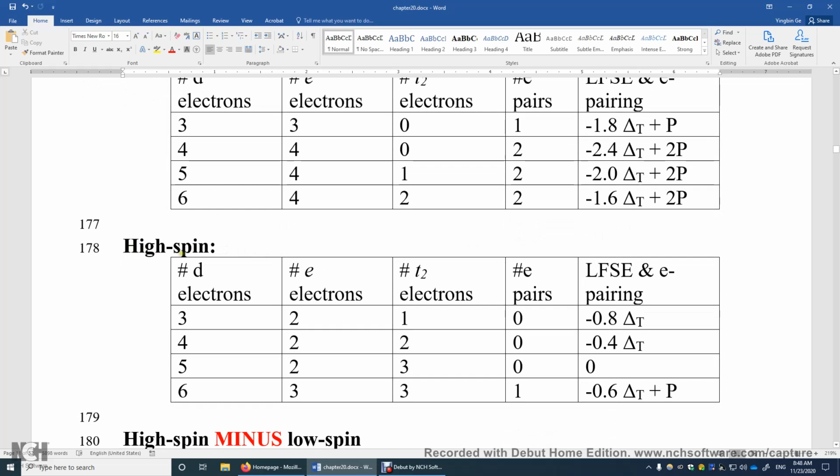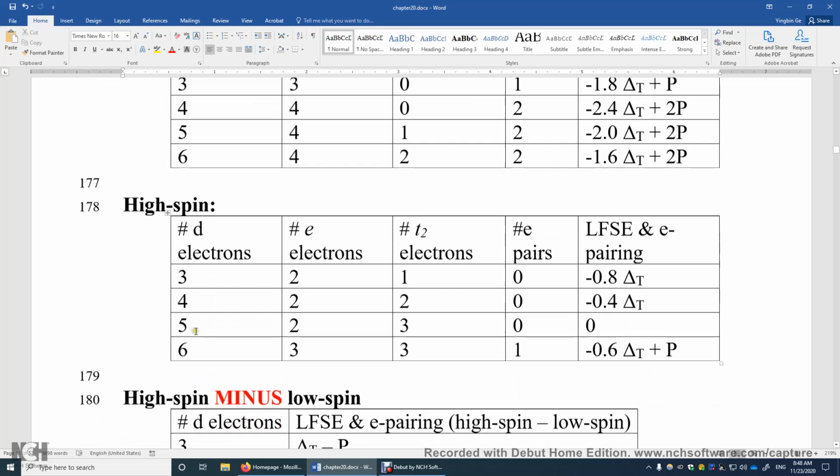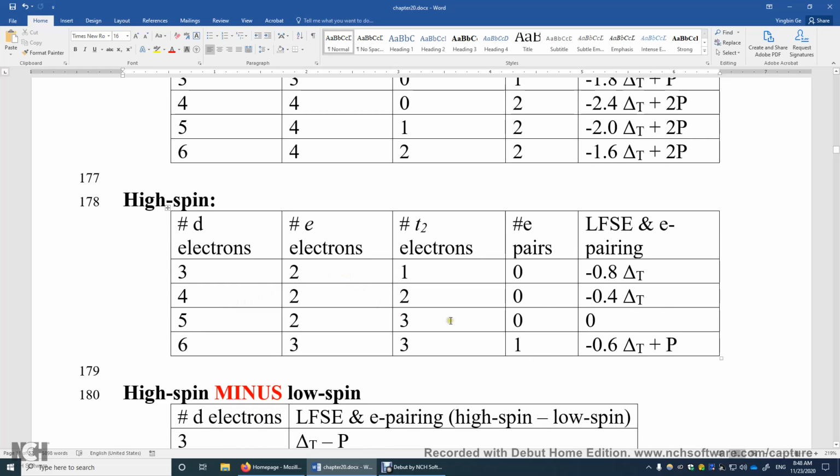Now let's look at the high-spin scenarios with 3, 4, 5, or 6 d electrons. I'll let you just pause here and see if you can make the same predictions as I made here. So again, you just need to calculate this LFSE carefully. You need to count the number of E electrons and the number of T2 electrons, right? And then you multiply this number by negative 0.6, multiply this number by positive 0.4, sum it up, and you can get negative 0.8.